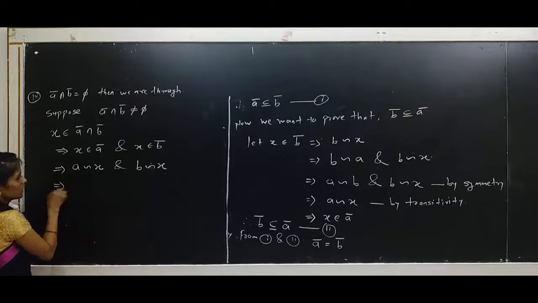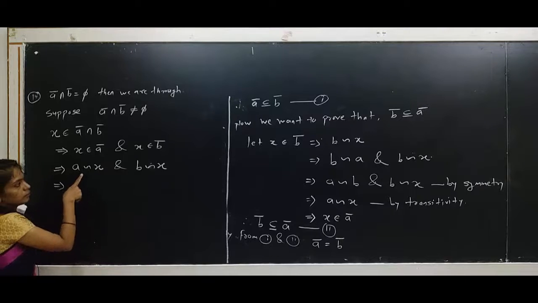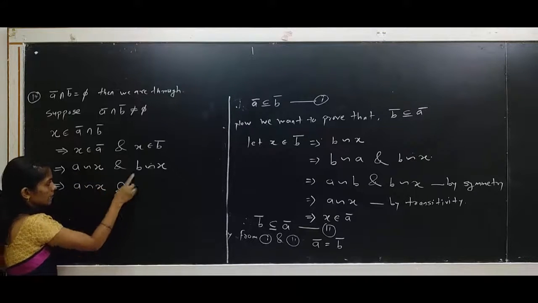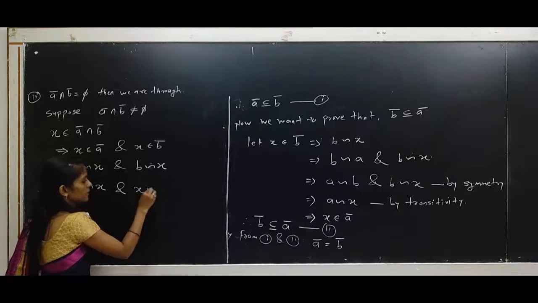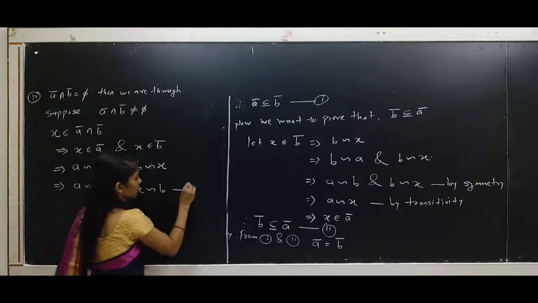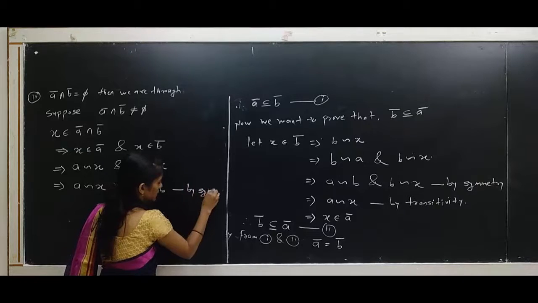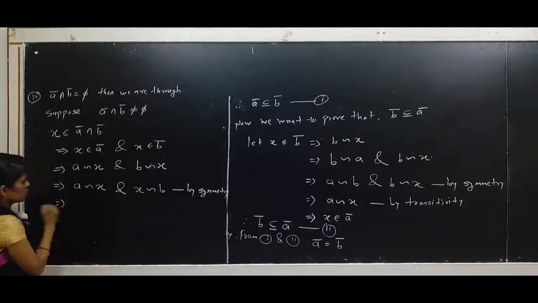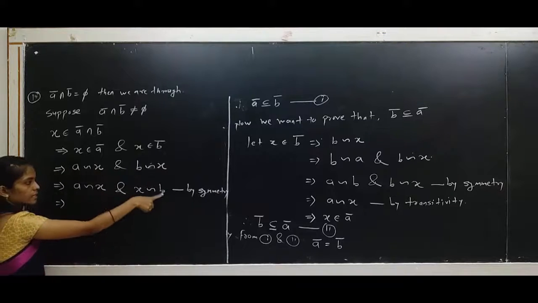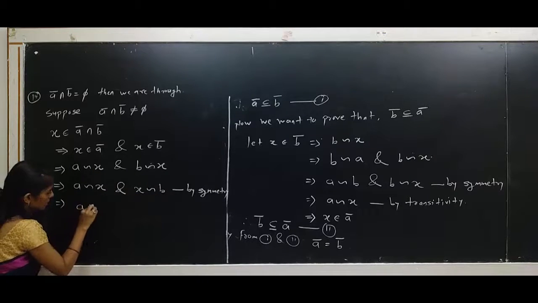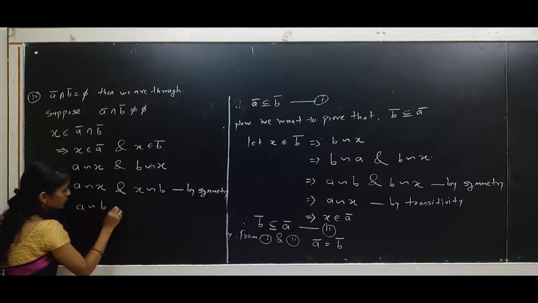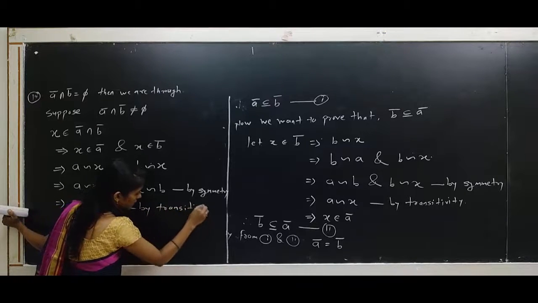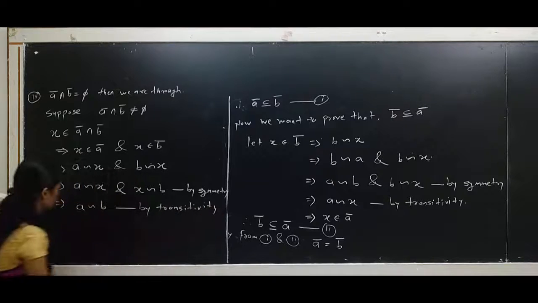Okay. So here A related to X, and by symmetry X related to B. So here A related to X, X related to B. So by transitivity we get A related to B. Okay.